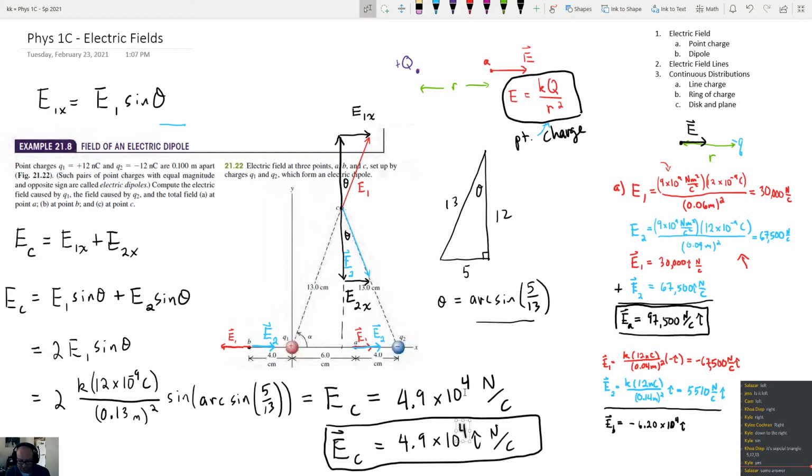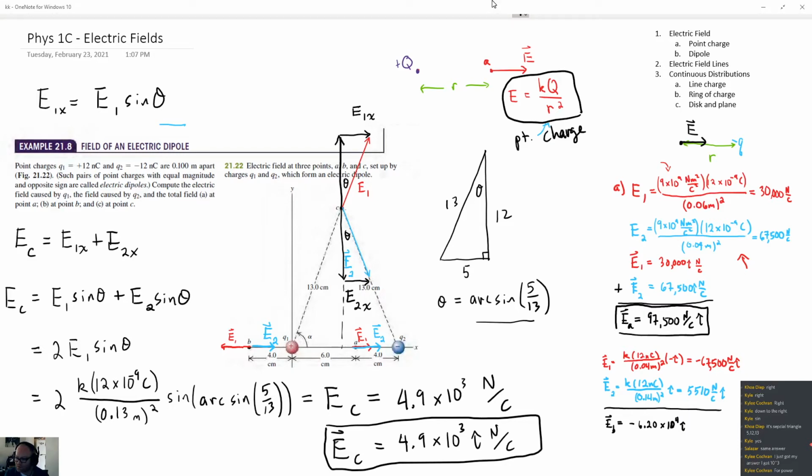The least you can do is plug some numbers into a calculator. Yes, 4,900, I agree. Okay, sorry about that, I was just trying to keep moving on. So this is 10 to the third, and so is this one. Any other questions?